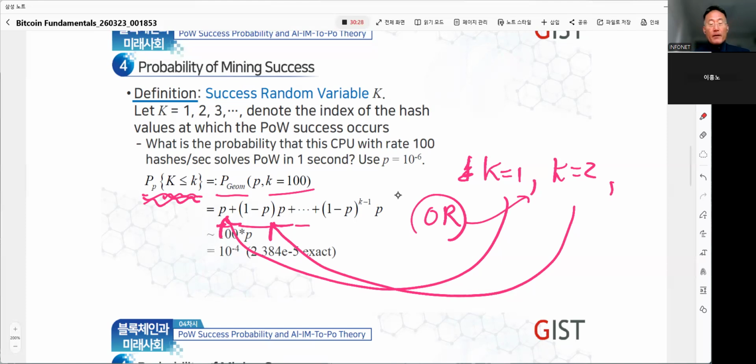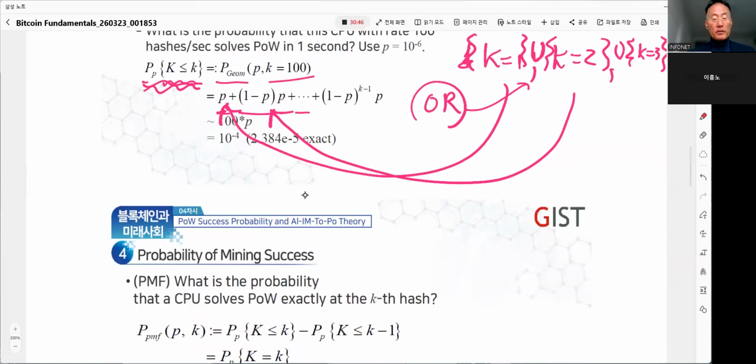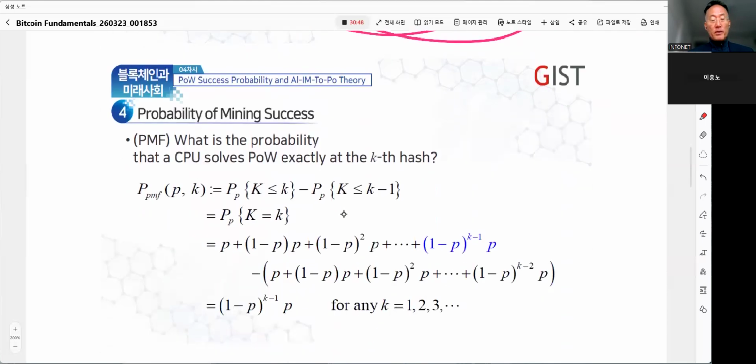So that event, that event, and then we have to take the union, k equals 3, and so on. That's what is going on, and so it becomes a geometric distribution.